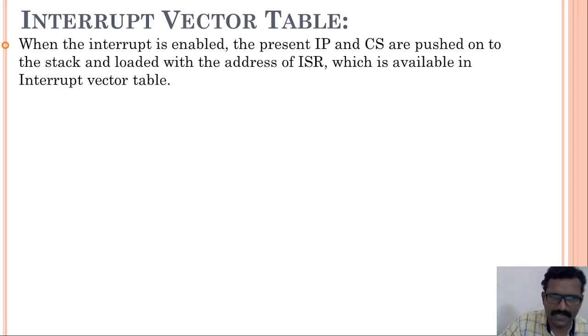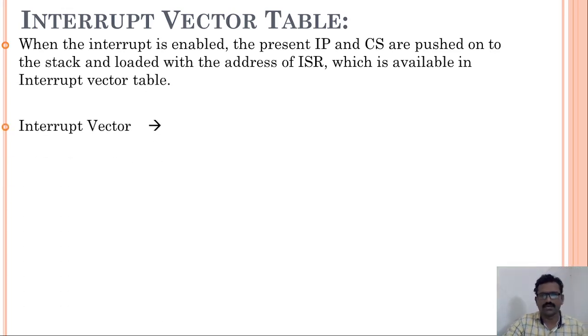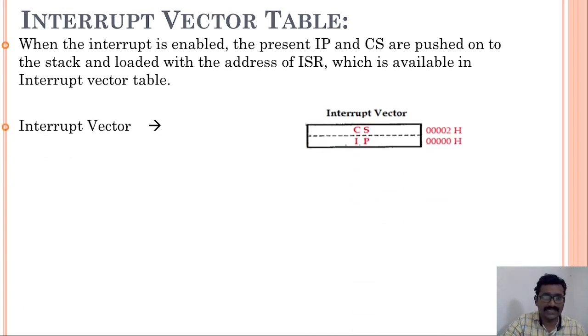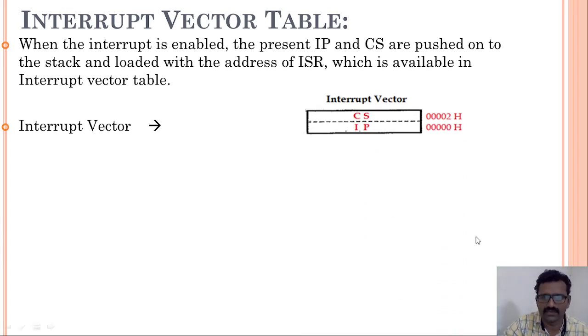So when the interrupt is enabled, IP is pushed onto the stack, as we already discussed. For each and every interrupt service routine program, the interrupt vector holds the address, IP and CS, and it requires 4 locations to store the contents of CS and IP.